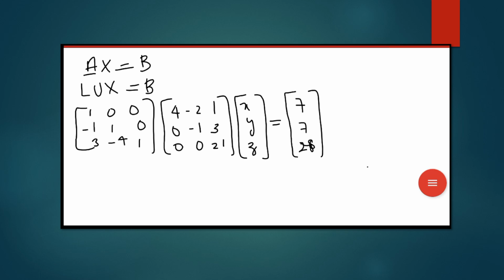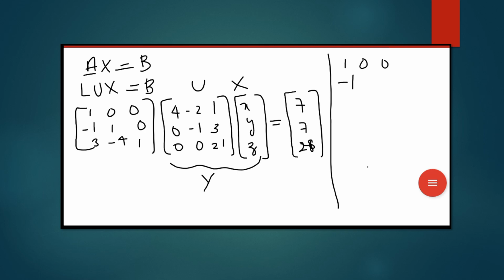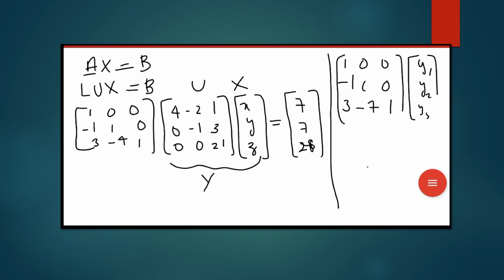So this is our notation. Now we are going to consider this as our UX part, this is our X, and we are going to take this value as Y. So this can be replaced like this: 1, 0, 0, minus 1, 1, 0, 3, minus 7, 1, into y1, y2, y3, equal to 7, 7, 28.